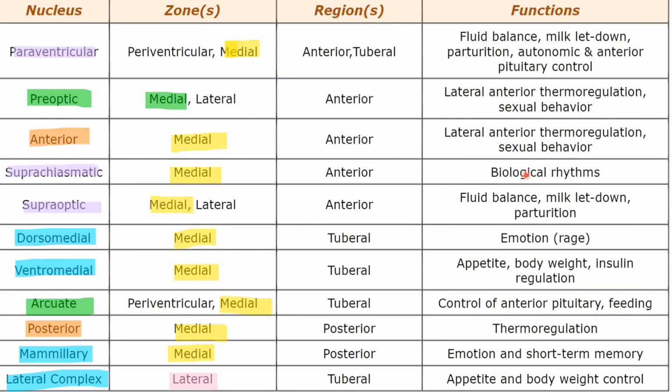Similarly, the suprachiasmatic is related with the pineal gland and the sleep cycle, and the supraoptic stimulates the posterior pituitary and causes release of oxytocin. So these three, the paraventricular, the suprachiasmatic and the supraoptic, are part of the cells which stimulate the posterior pituitary.